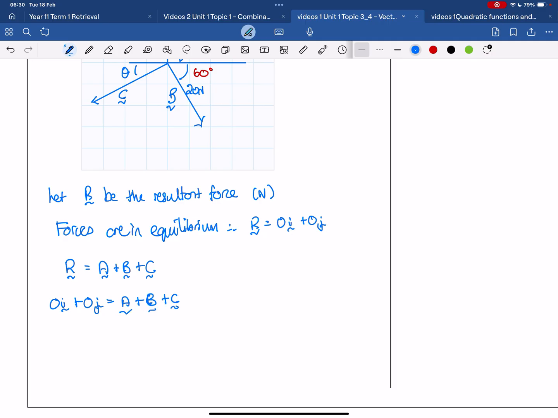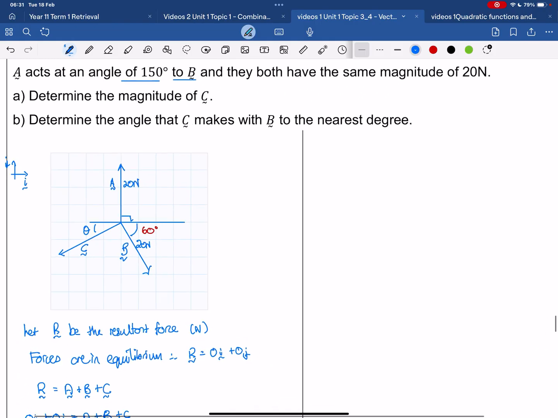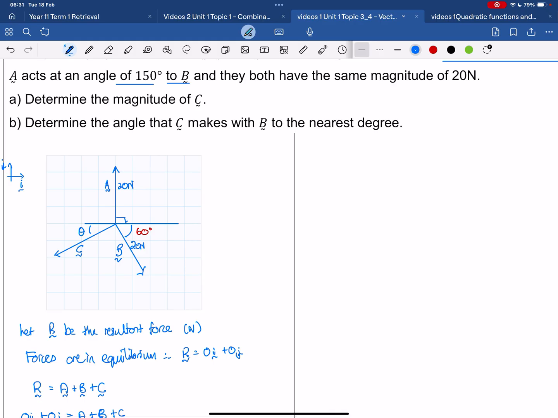And that then helps us to find C, because of course 0 and 0 is just 0. So C is just going to be negative A minus B. Okay, so we've kind of worked out the vector part of it. Now what we need to do is to resolve our vectors so that we can figure out what they are.